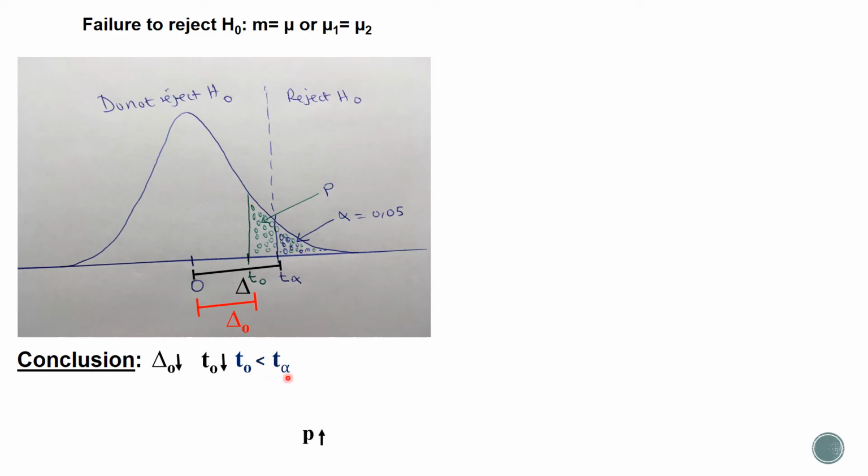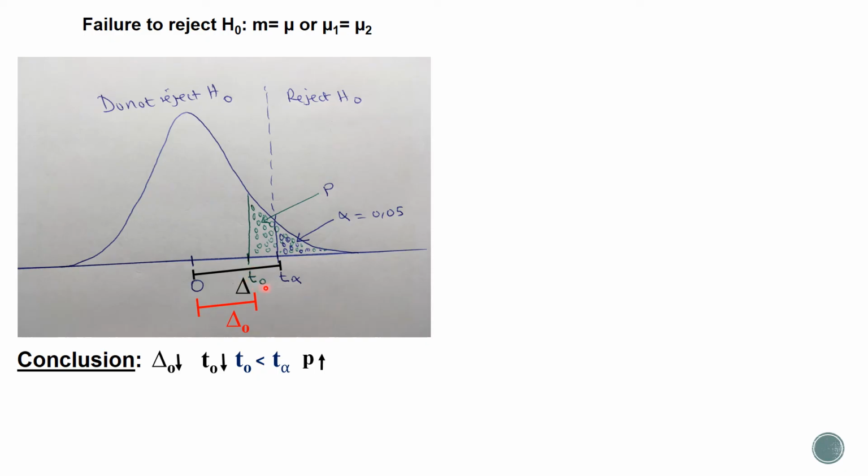But if we want to conclude with a p-value, what will happen? The p-value will increase, as you have seen, because if t observed decreases and becomes less than t alpha, what happens? It means the observed statistical value is inversely proportional to the p-value.